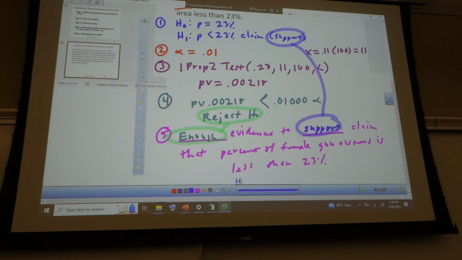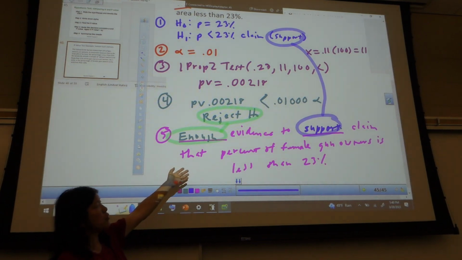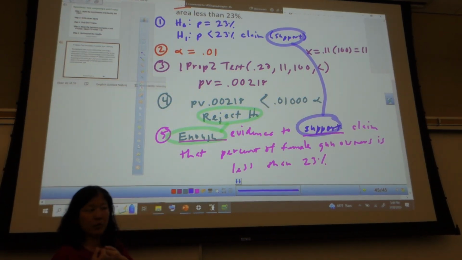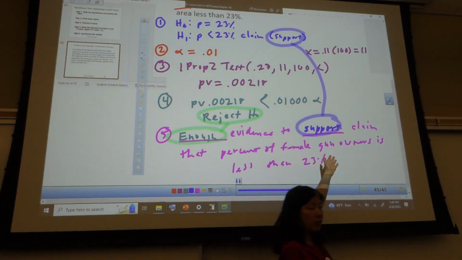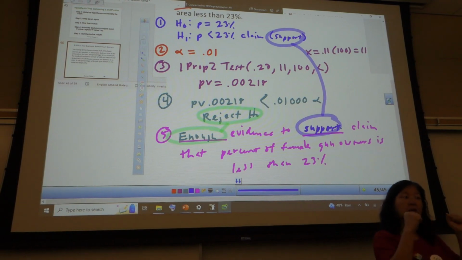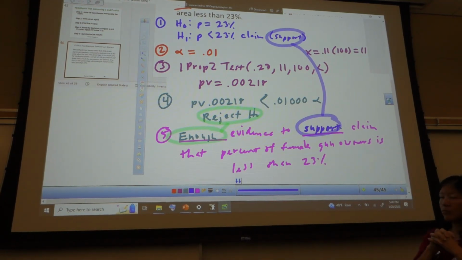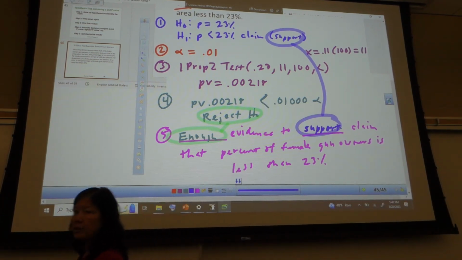In other words, we got something unusual, and we're going to say, whoa, wait, the percentage of female gun owners is totally less than 23%. It's something closer to 11%. Right, so we did have enough evidence to support the claim, say yes to the claim, we are less than. And it's strong, there is enough evidence.